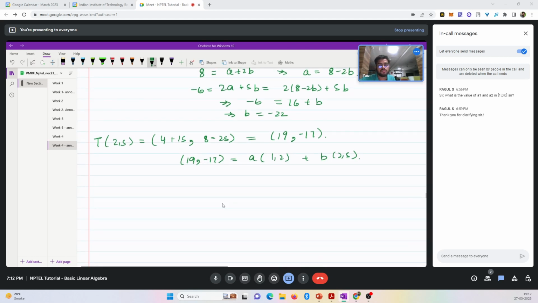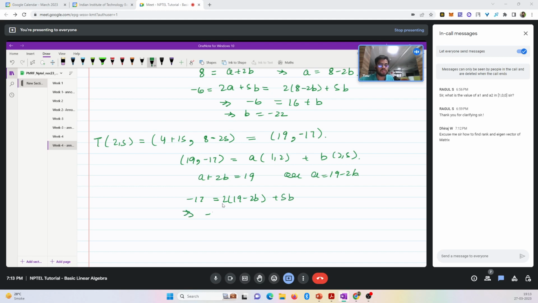So what you would get is that a plus 2b is 19, or a is 19 minus 2b, and again minus 17 is 2 times a. So let's replace a straight away with 19 minus 2b plus 5b, right?